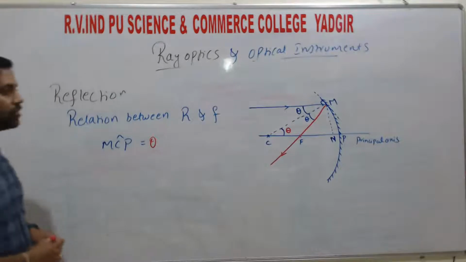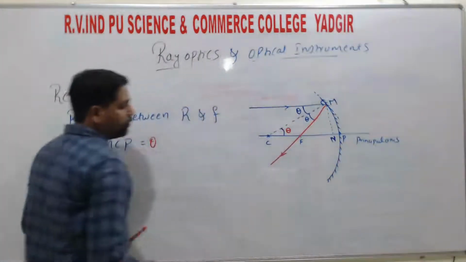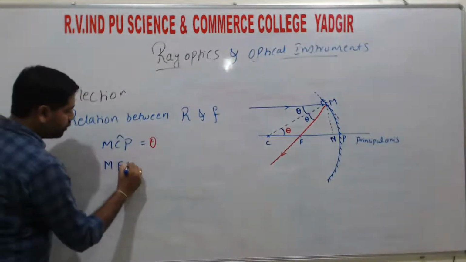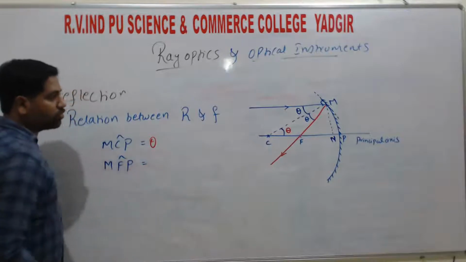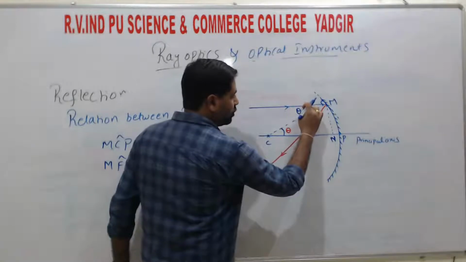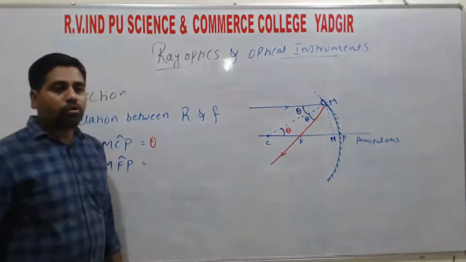In the similar case, if we consider the angle MFP, so if you observe here, this becomes the Z shape, then the total angle M is how much? Theta plus theta, that is equal to 2 theta.